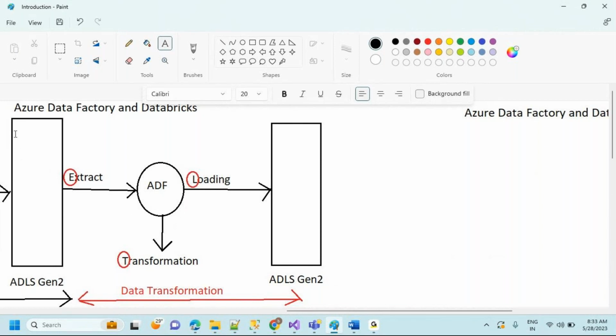Before that, I just wanted to say that whatever data is there in the first Data Lake Storage Gen 2 is raw data. Unprocessed data. We have data which is not processed, not transformed. That is raw data here.